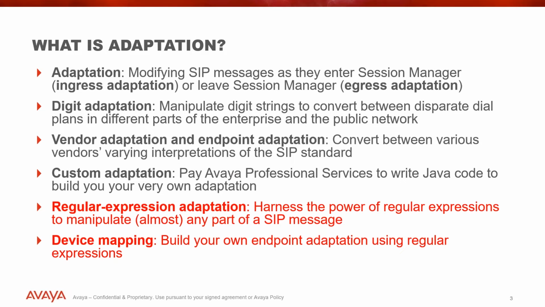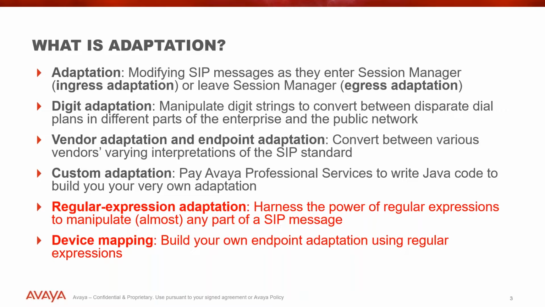So the quick review. What is adaptation? At a very high level, it's a feature that lets you modify SIP messages as they enter Session Manager. That's what we call ingress adaptation. Or as they leave Session Manager, that would be egress adaptation. Traditionally, what customers have wanted to modify is digit strings.